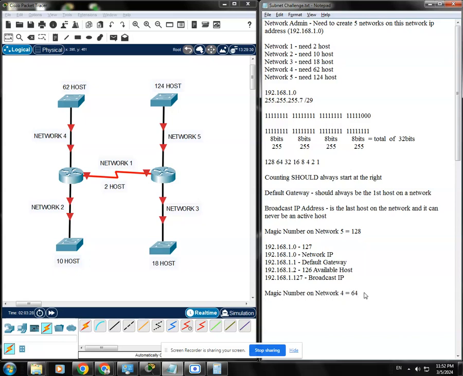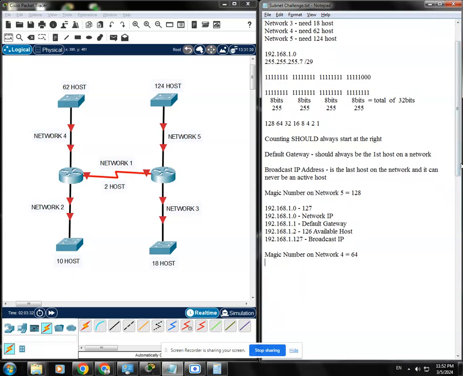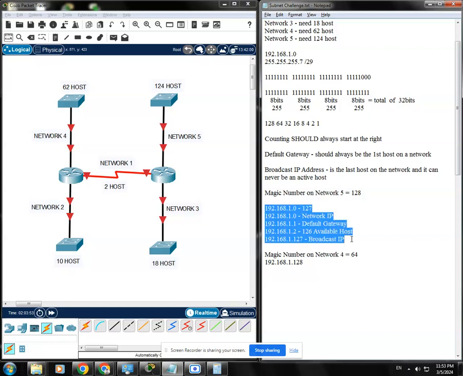And then the next network IP address that we can use is the one after the broadcast IP. So after the broadcast IP, this IP address would be 192.168.1.128. So this will be the next network. We cannot use the same network, because it will conflict the IP.